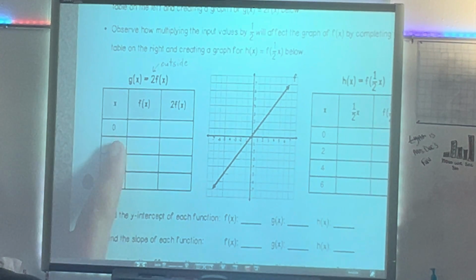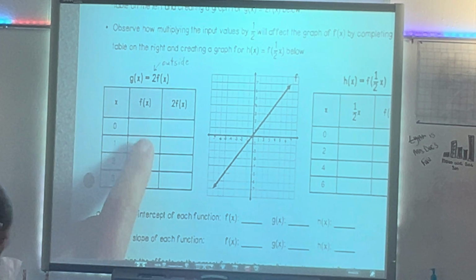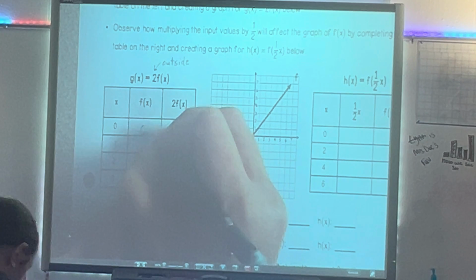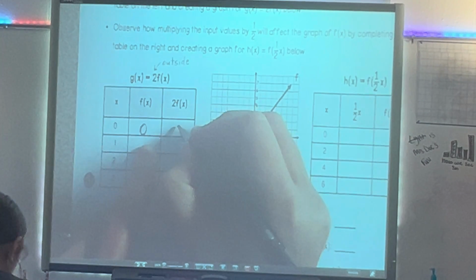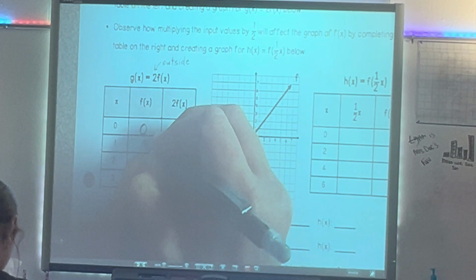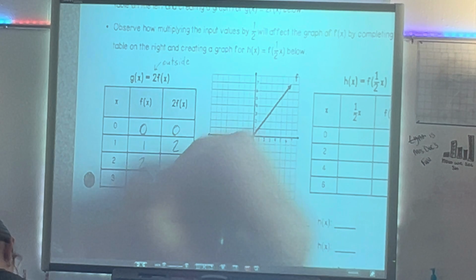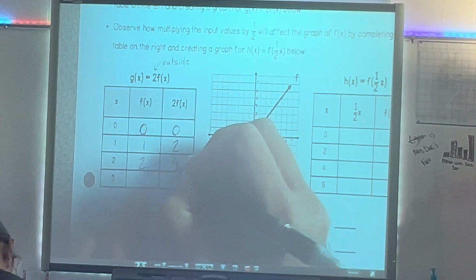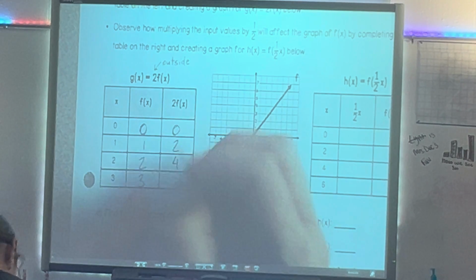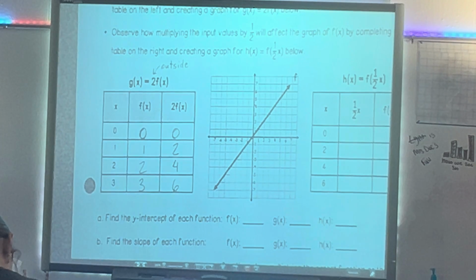So if I multiply 2 times 0 with the y-intercept, my x value is 0, then 2 times 0 is 0. Alright, if my x value is 1, 2 times 1 is 2. If my x value is 2, 2 times 2 is 4. And if my x value is 3, 2 times 3 is 6. And I'm only going to graph the top side of this graph.